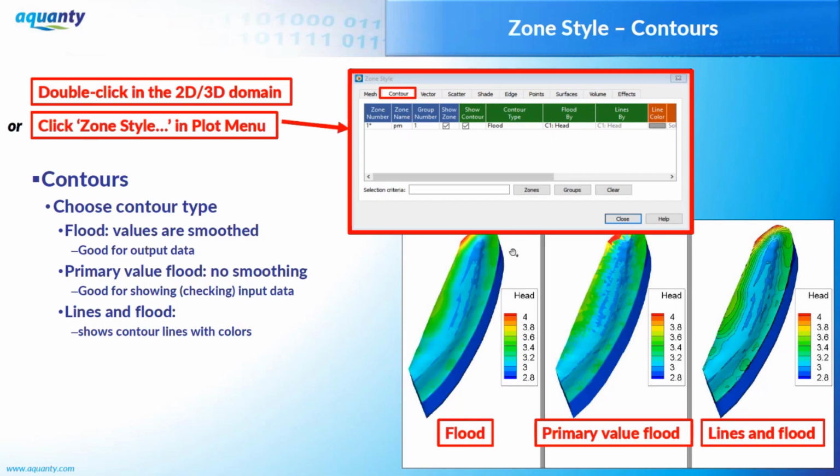So let's say you have your picture here, you have your legend on the side, you can read the numbers. What if you want to see an exact number here? So through the lines, you can press on the line and add a certain number. It's useful in some cases. However, usually flood and primary values is the one that I recommend.